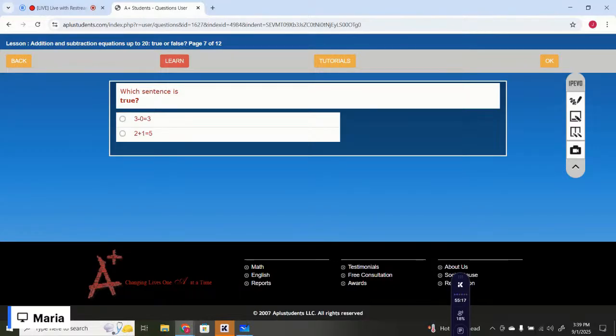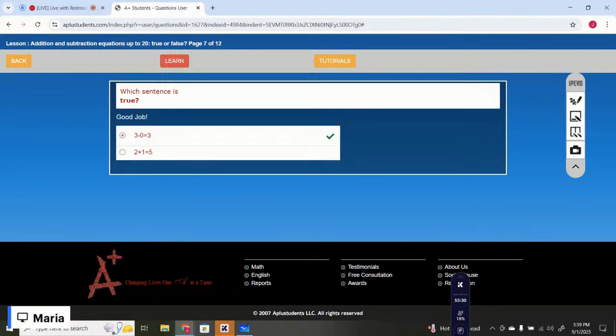Which sentence is true? That is 3 take away 0 is 3. Option number 1 is the correct option.